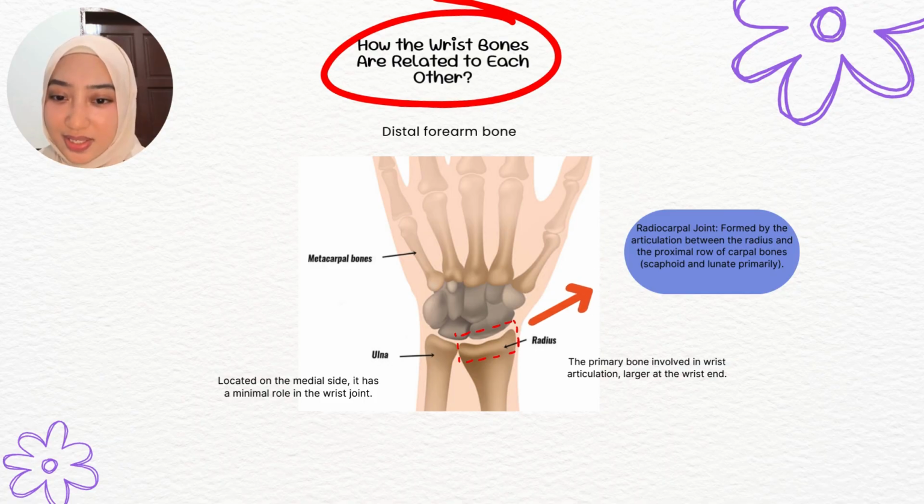So as you can see in this picture, the radius is larger at the wrist end, and obviously it is the primary bone involved in wrist articulation compared to the ulna that is located on the medial side. It has a minimal role in the wrist joint.